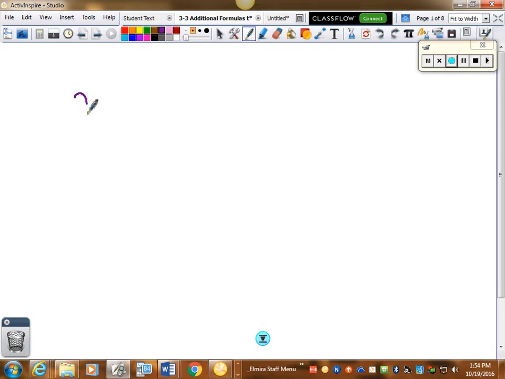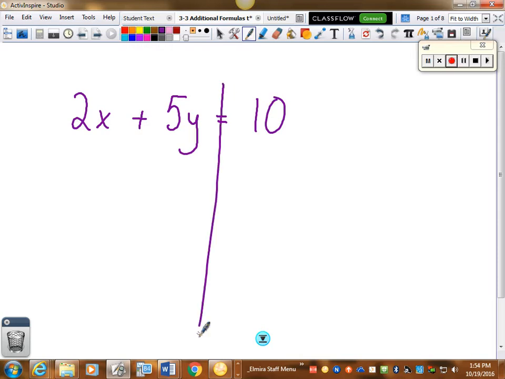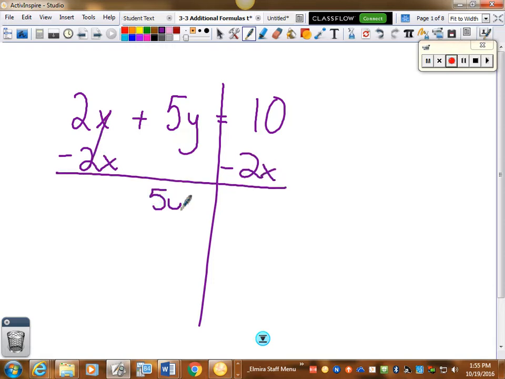Okay, 2x plus 5y equals 10. And you guys are already pretty good at solving for y. You're used to saying, okay, 2x goes on the other side, so I'll subtract it. 5y equals negative 2x plus 10.